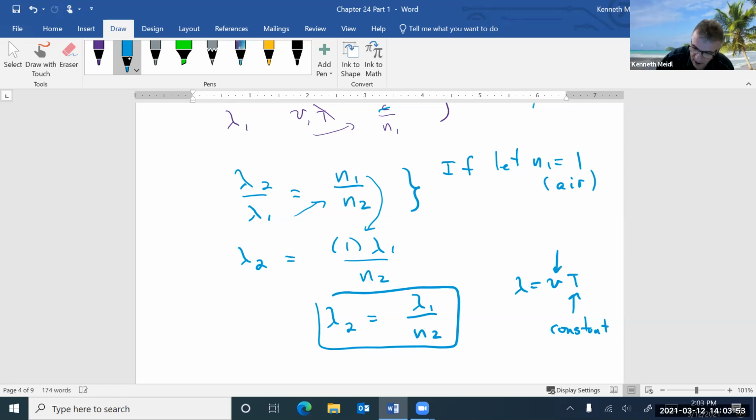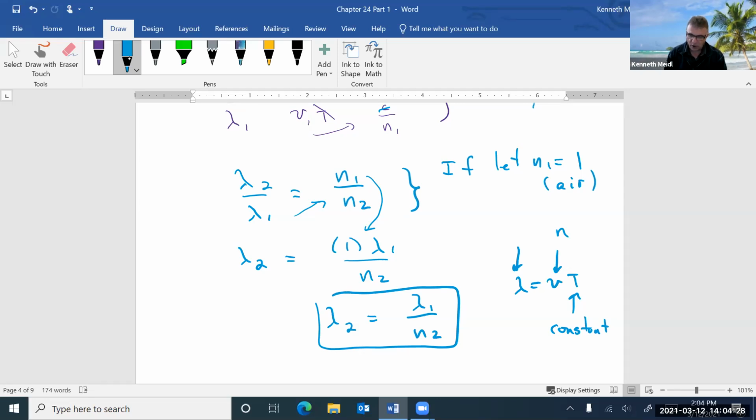But v is not constant because that depends on the index. So then the wavelengths have to change. And we said that the wavelength was dependent partially on the material, and we see that it is, right? So if you are going from air into a piece of glass that has an index of 1.5, you just take the wavelength in air divided by 1.5, the index of the new material, and that's how long the wave is going to be in that material.